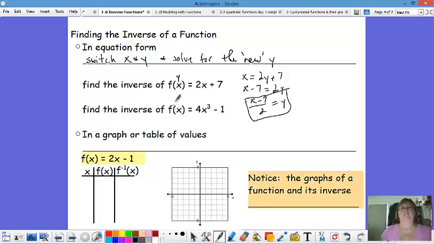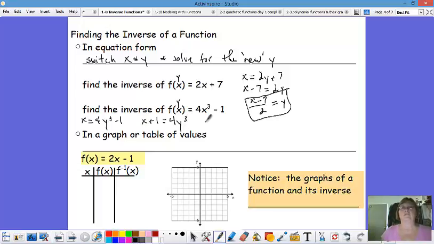You try it now. Find the inverse of y equals 4x cubed minus 1. Pause the video. See if we get the same thing I do. x equals 4y cubed minus 1. I add 1, so x plus 1 equals 4y cubed.